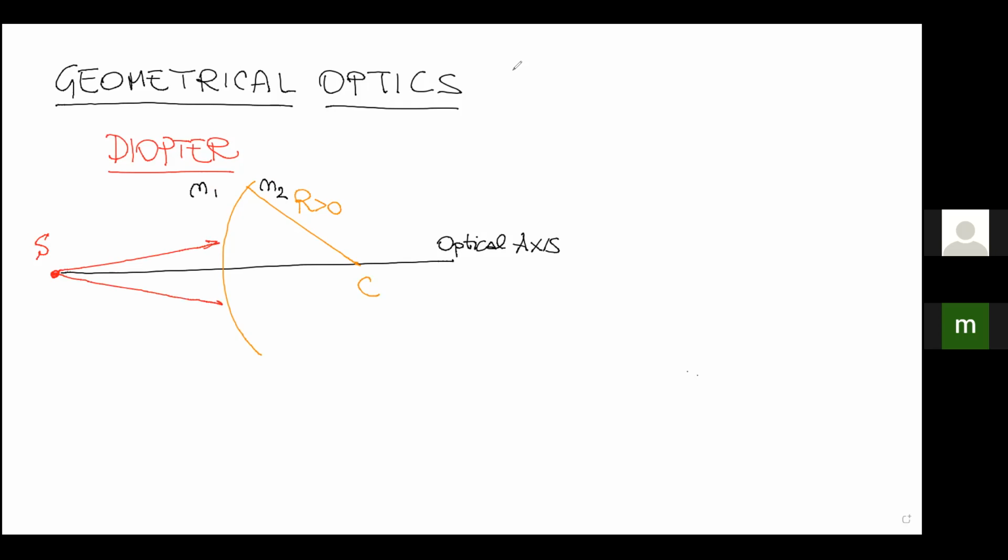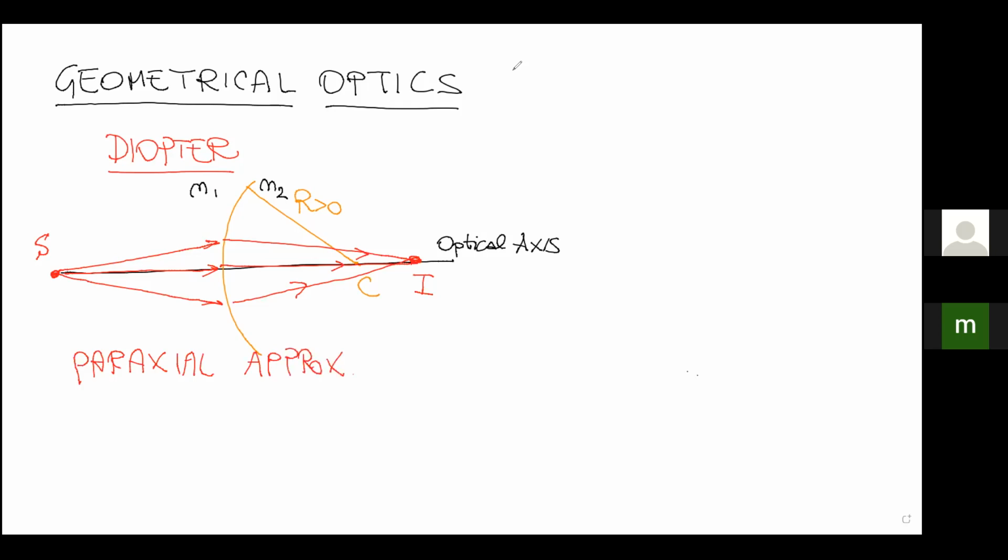all optical rays that are emitted by the source are sent to one point that is named the image of that point. This is true only if you are in a so-called paraxial approximation.